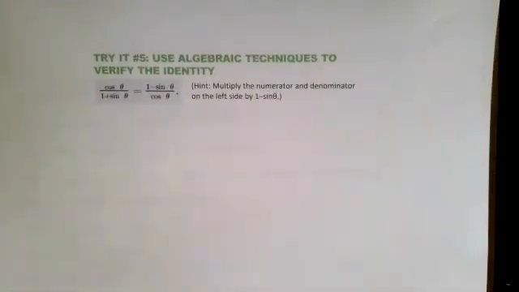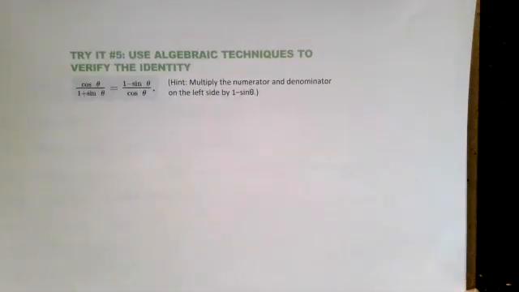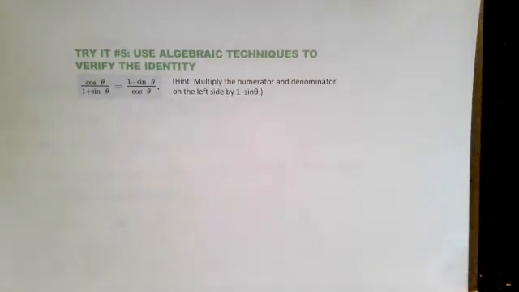Okay, so that was the last one for this section, and I want you to try this one by yourself. It says use algebraic techniques to verify the identity. Pause here and try it by yourself.